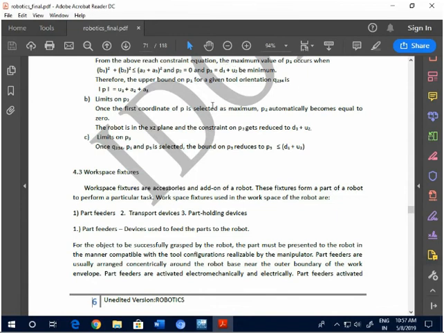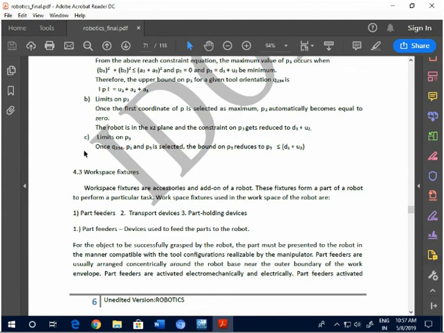Therefore, the upper bound on P1 for the given orientation of Q2, 3, 4 is mod of U1 plus A2 plus A3. Now, the limitation on P2 is that once the first coordinate of P is selected from the maximum, P2 automatically will be equal to 0.